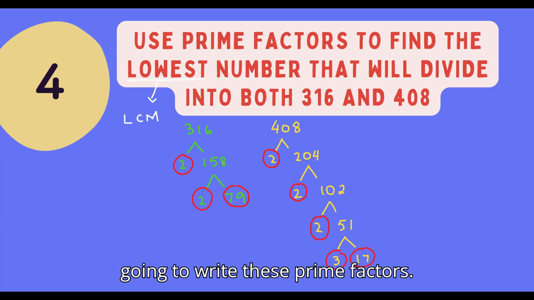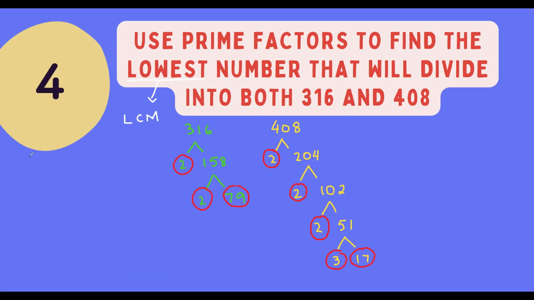Now I'm going to write these prime factors. So 316 is equal to 2 times 2 times 79. And 408 is equal to 2 times 2 times 2 times 3 times 17.